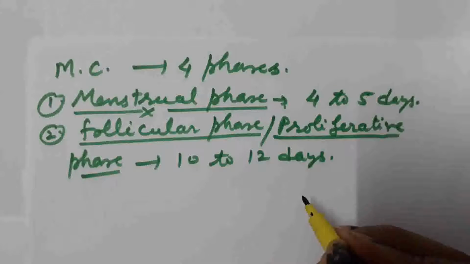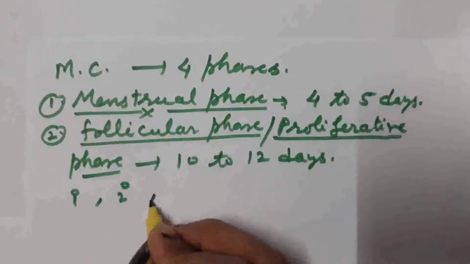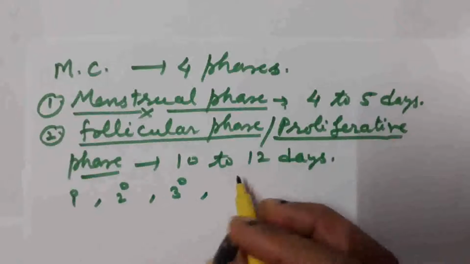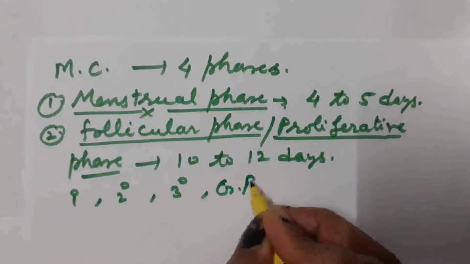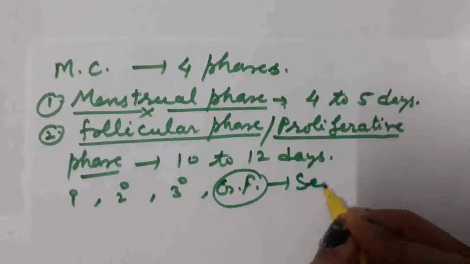During this phase, follicular development takes place inside the ovary. Primary follicle is produced, then secondary follicle, tertiary follicle, and then the Graafian follicle is produced. Inside the Graafian follicle, the secondary oocyte is present.